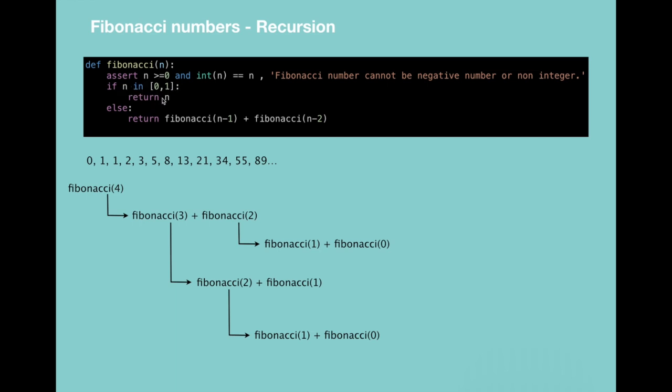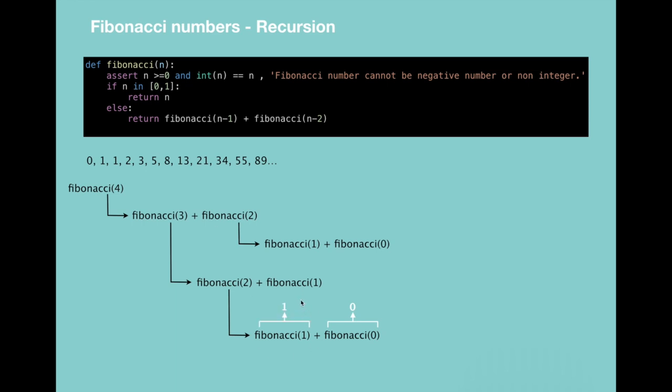So this case will work, which means that the function will return 0. Then the next function, which is the Fibonacci function with parameter 1, when we call this, it again passes through the first condition and goes to the second condition. In the second condition, when n is equal to 1, it returns 1 as well. So here we have 1.